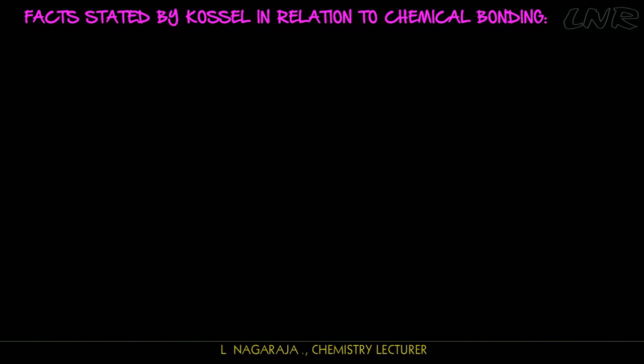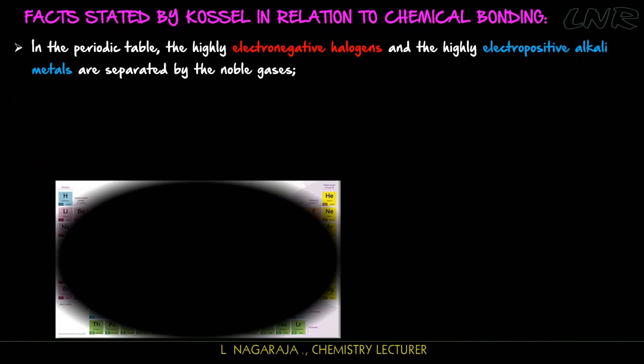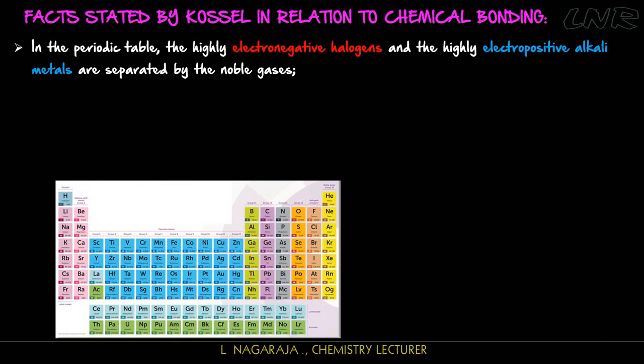And next let us see the facts stated by Kossel in relation to the chemical bond. According to Kossel theory, in the periodic table, the highly electronegative halogens, that is the 17th group elements, are called halogens.